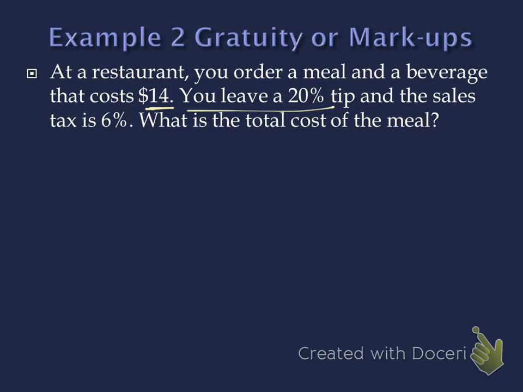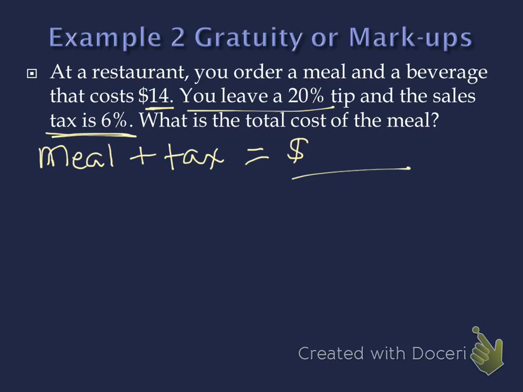Okay, so you're going to leave a 20% tip, but when the waiter brings you the bill, the waiter is going to have the cost of the meal, and he is going to go ahead and add the tax to that amount and give you a total. Then, based on that total, you leave your tip. So let's add on the tax of the meal.